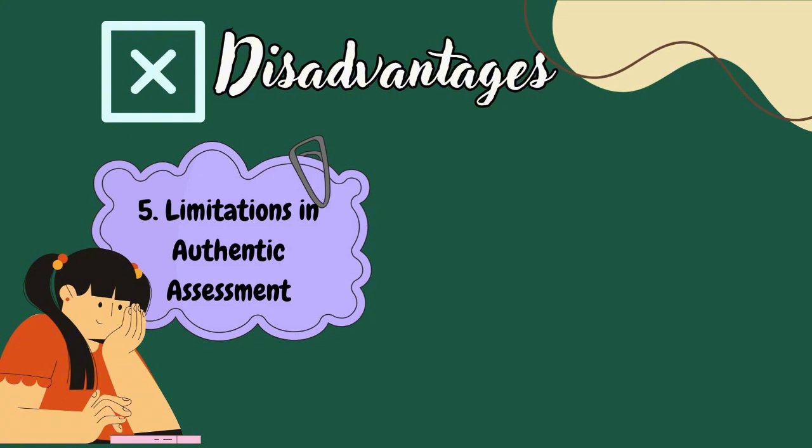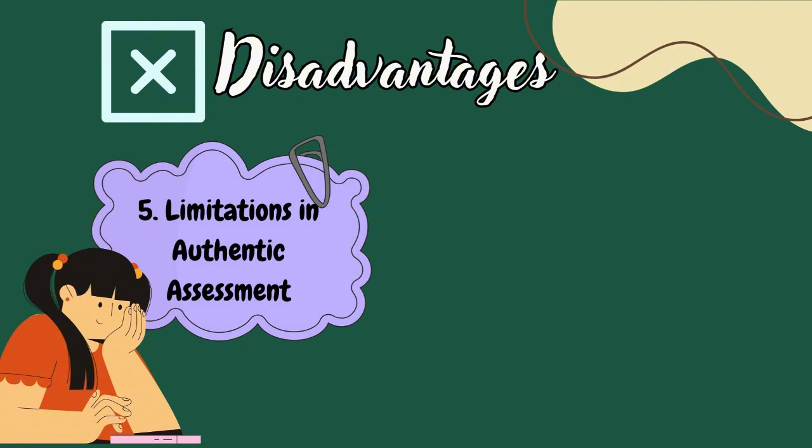Additionally, accessibility issues can arise as a limitation of technology-based authentic assessments. Ensuring that all students have equal access to the necessary technology and digital resources to complete assessments can be a barrier, potentially creating disparities in the assessment process based on students' technological capability or resources.